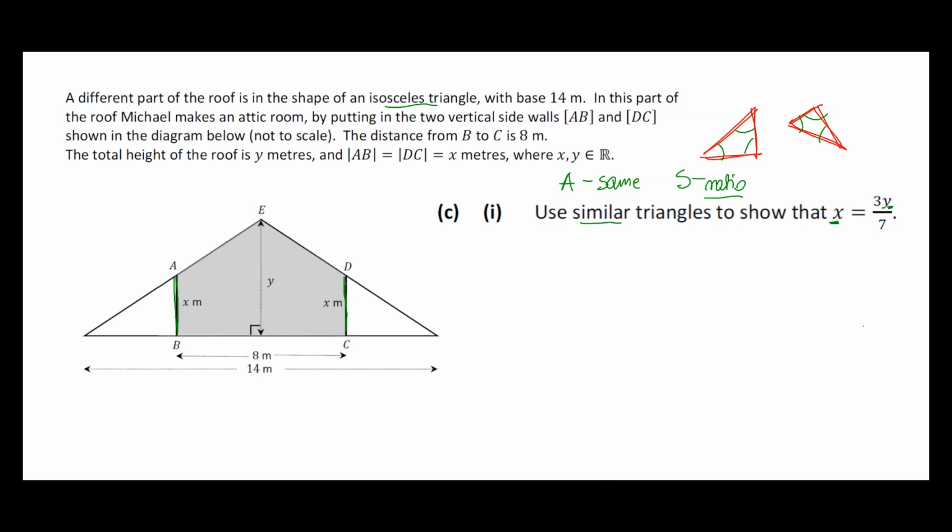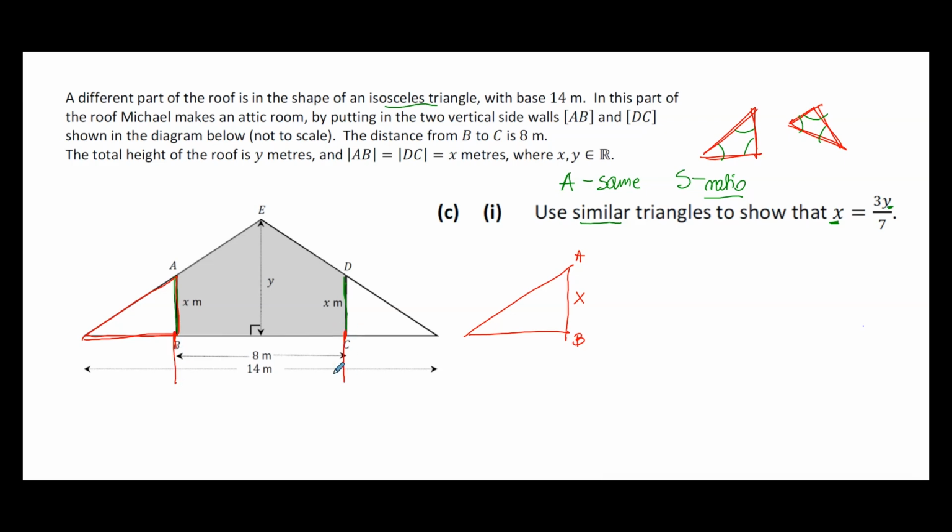So I can identify that small triangle, isn't it? That's one. What do I know? So let's say AB. I know that this length is x. What about this length? Can I find it? Well, yes, all of that is 14, but then the one in here is 8.